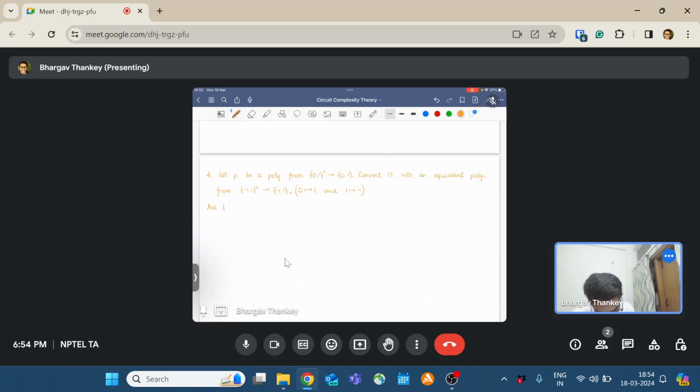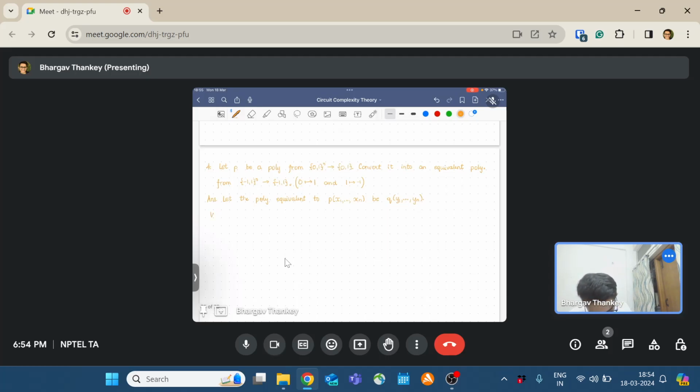So we want to construct Q, right? What do we want to do? 0 must map to 1, and 1 must map to minus 1, right?